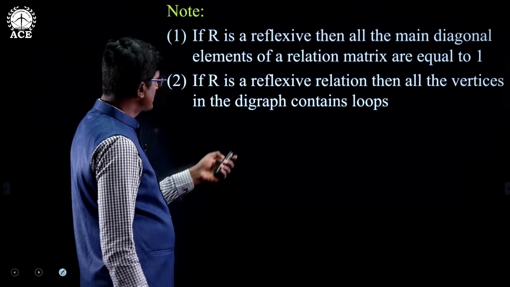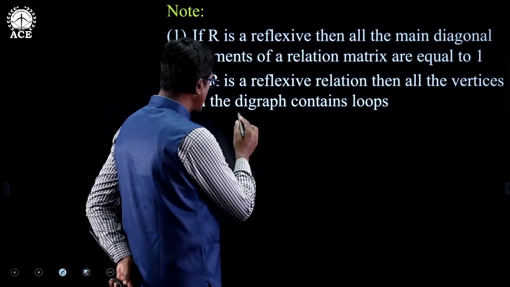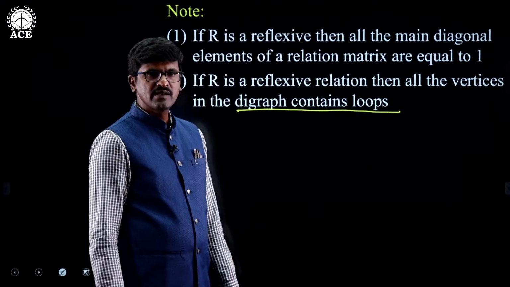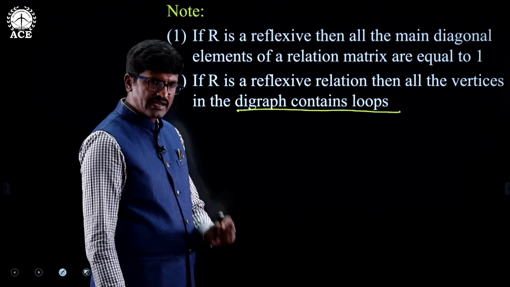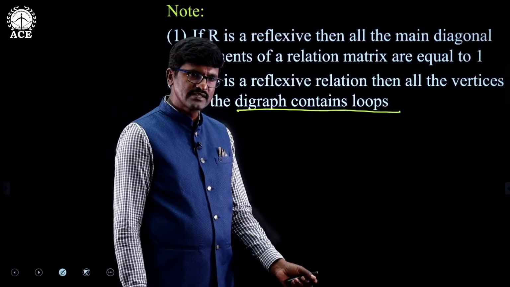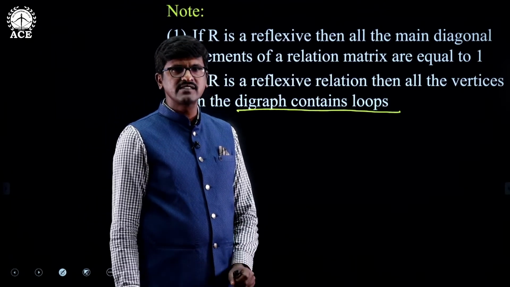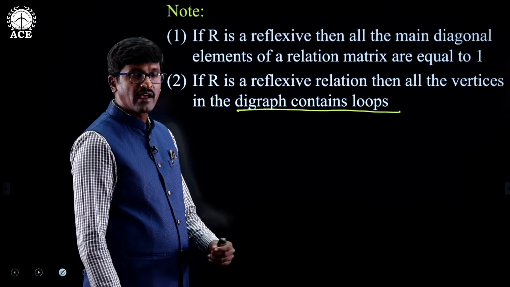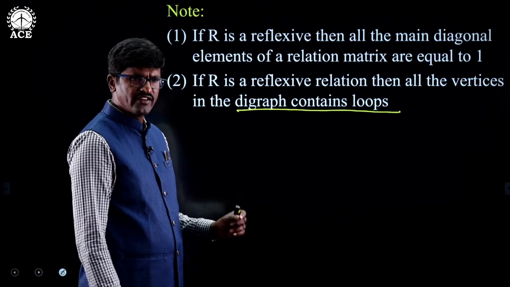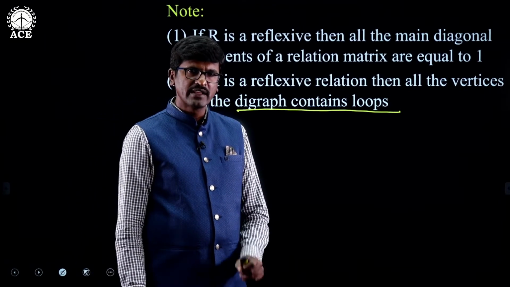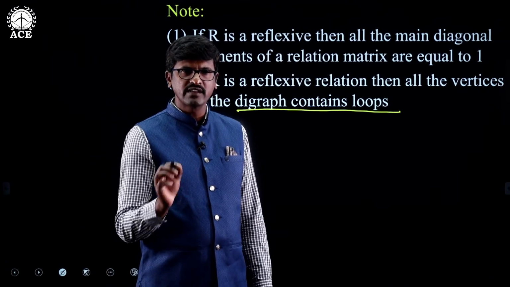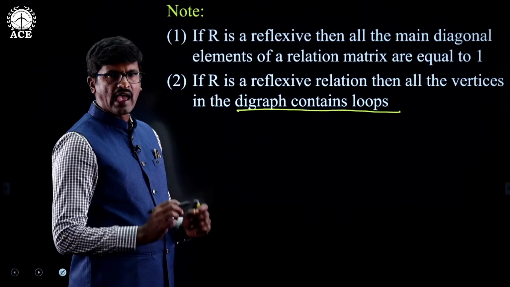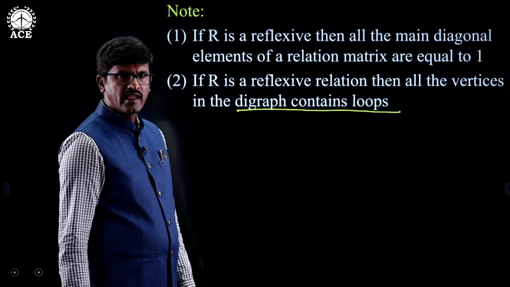The diagram representation consists of vertices and edges. Edges are nothing but ordered pairs. Vertices are nothing but the number of elements in the set A. Every element in the set A will be represented with one dot, that is called a vertex, and every ordered pair will be represented with an arrow. That arrow is called an edge.